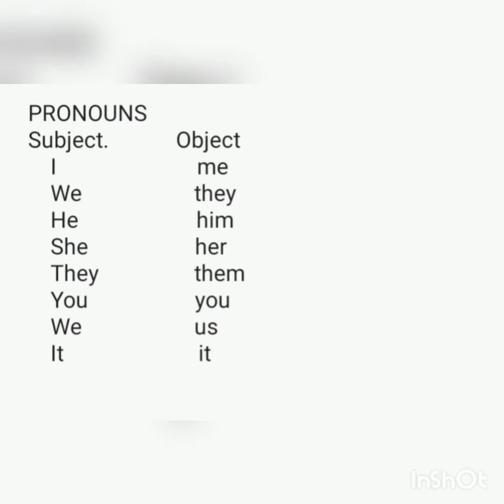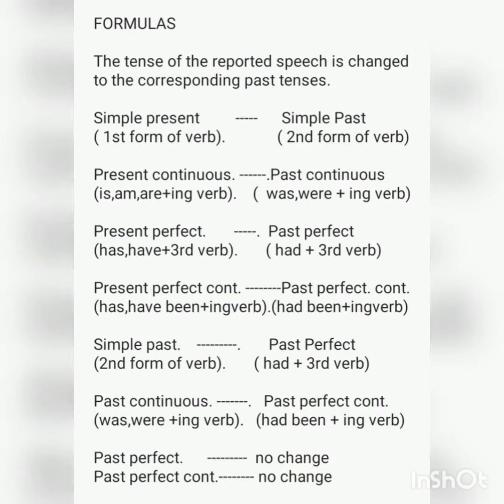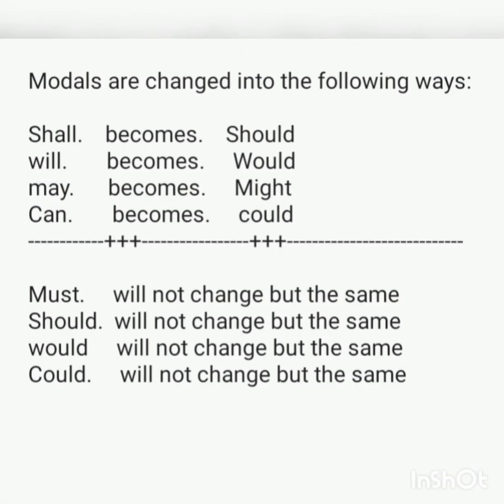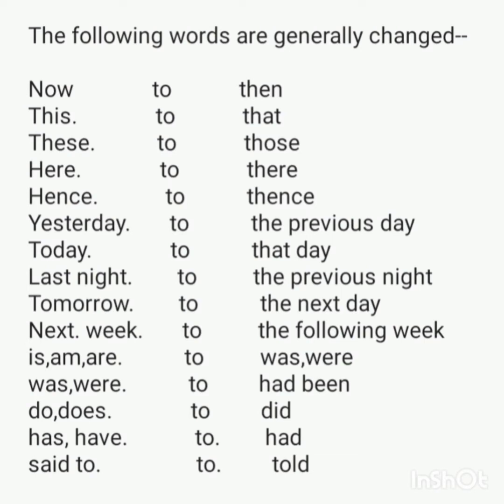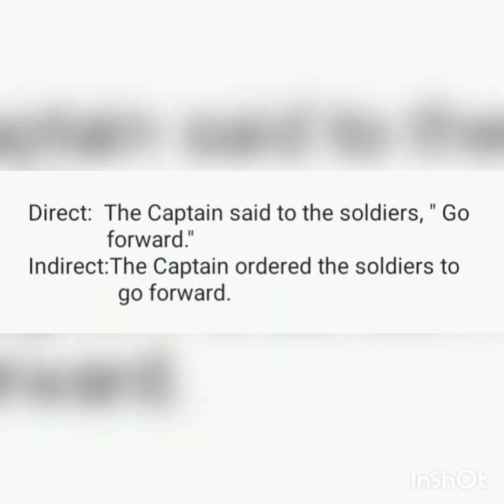Changes of pronouns, tenses, and the words showing nearness are carried out, and other general rules are observed too. Now let us learn how to change the direct speech into indirect speech of imperative sentences through some examples.